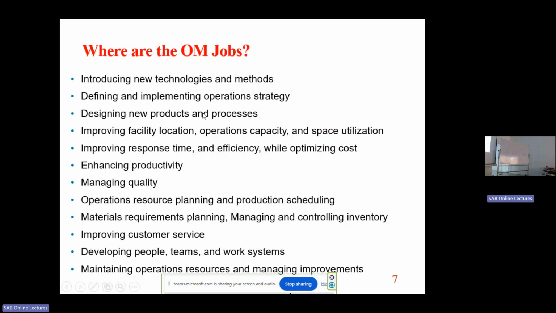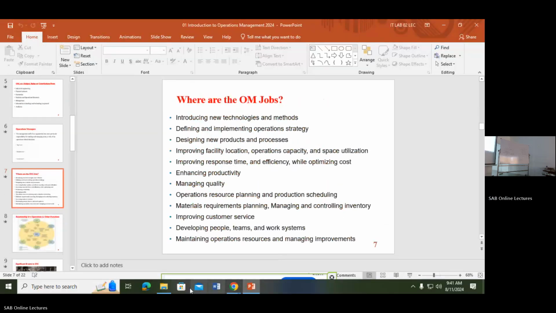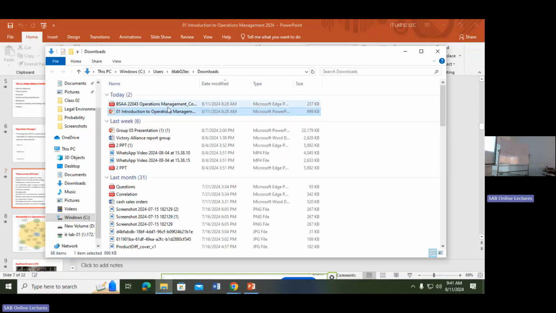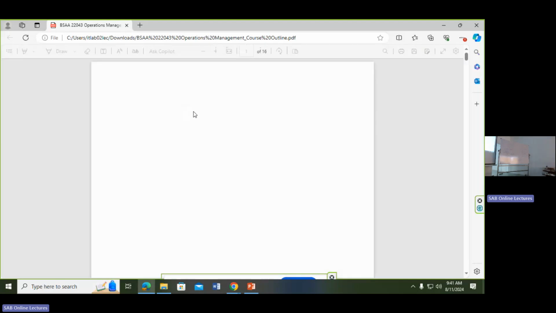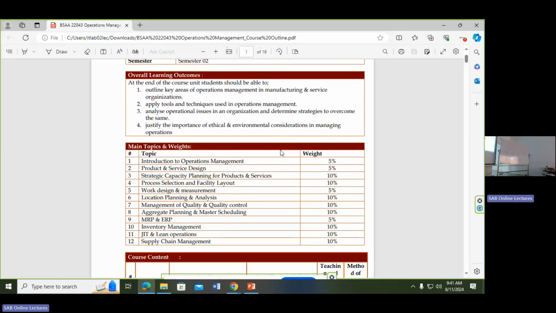Now, those are the key decisions. I'm not going to explain things here. You know why? We are going to take these as different topics in our subject and discuss one at a time. If you go to the course outline of our subject, operations management, hope you can see it here. These are the different topics we are going to cover.